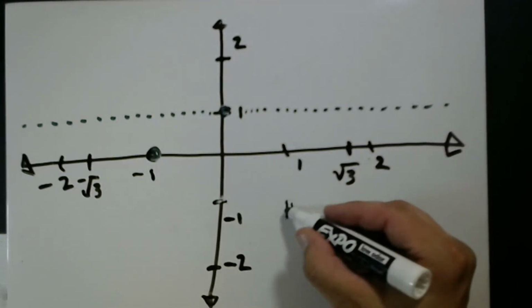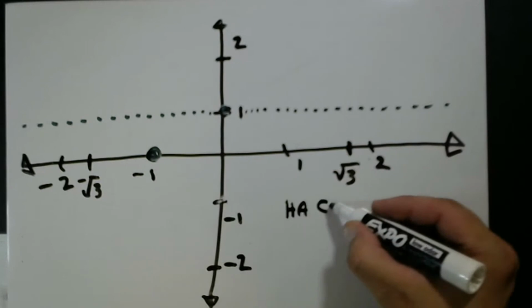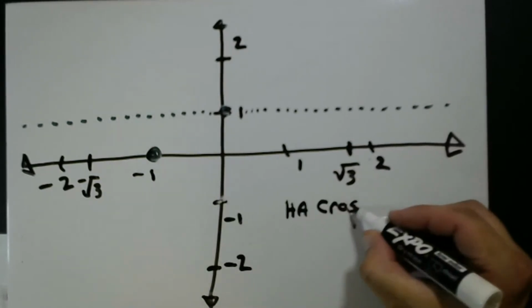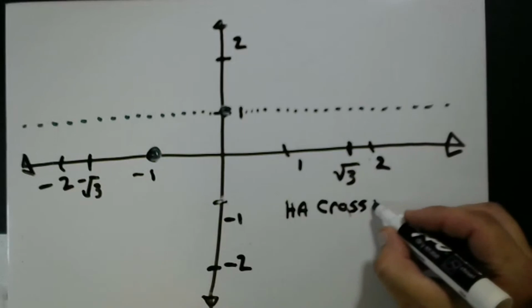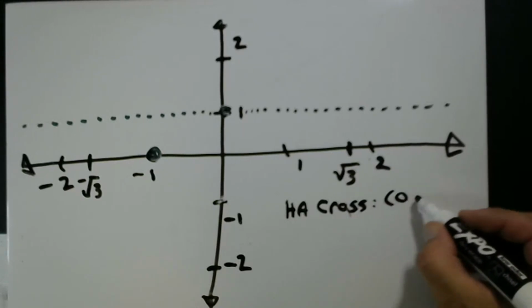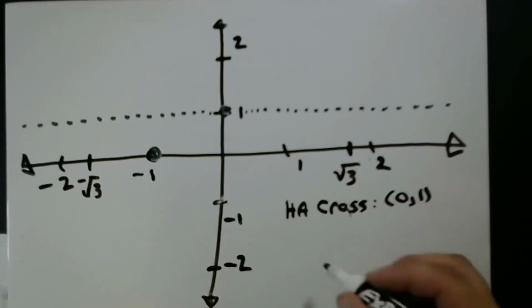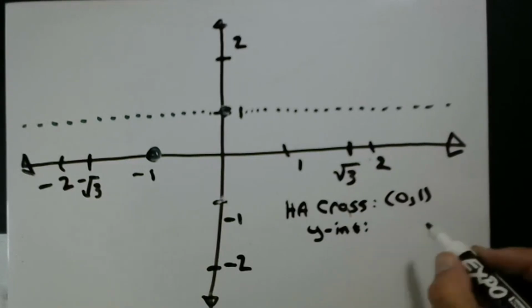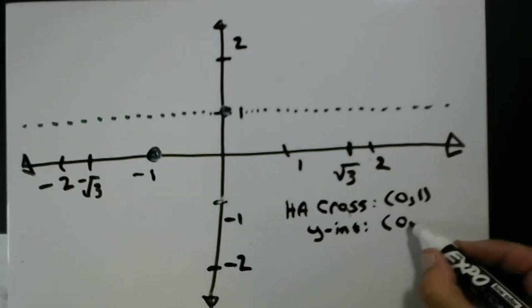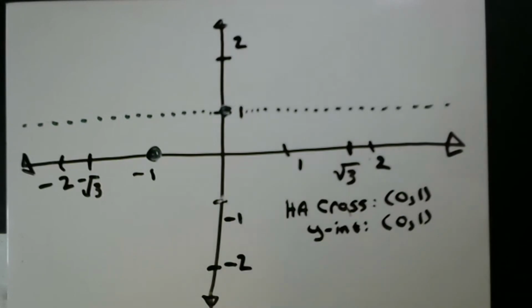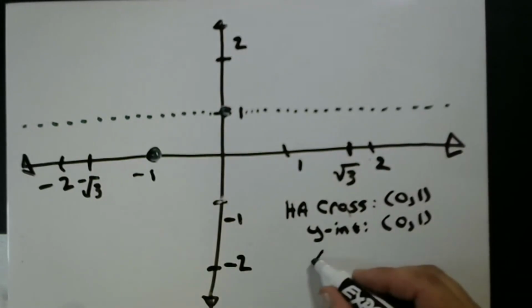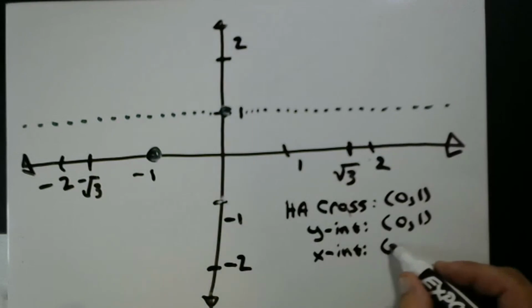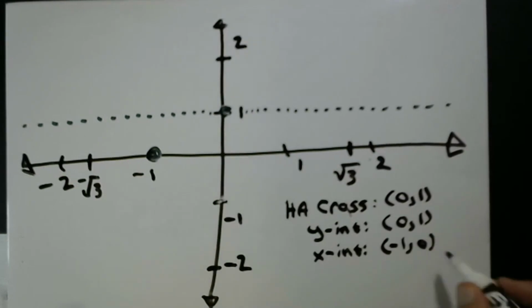So the horizontal asymptote cross was (0, 1). The y-intercept was also (0, 1). The x-intercept, (-1, 0).